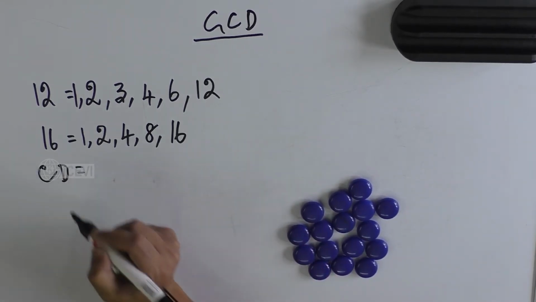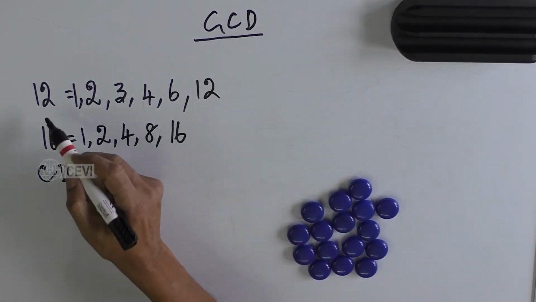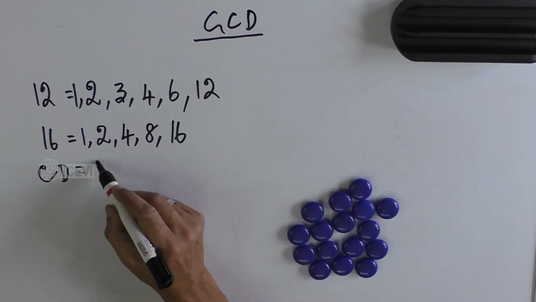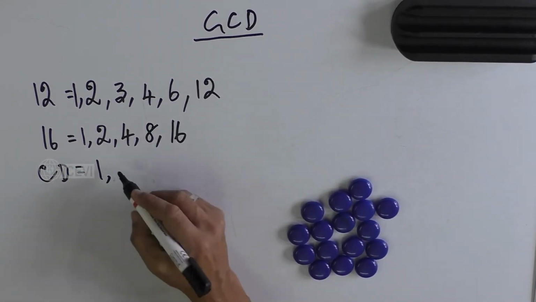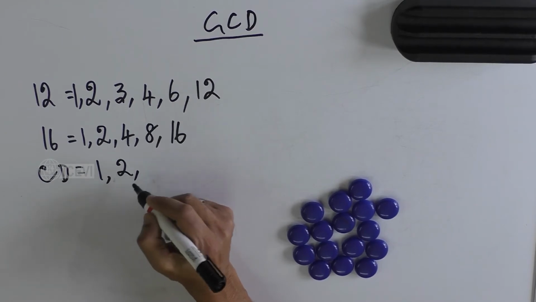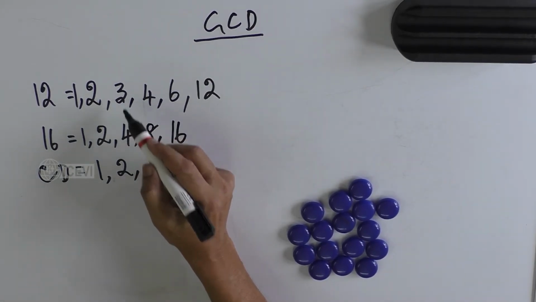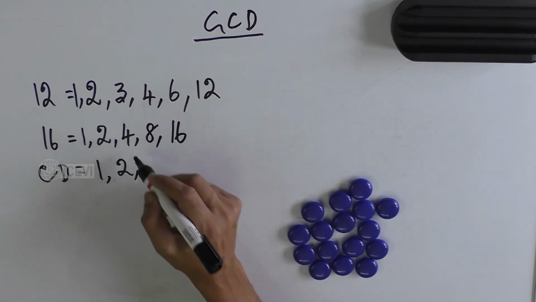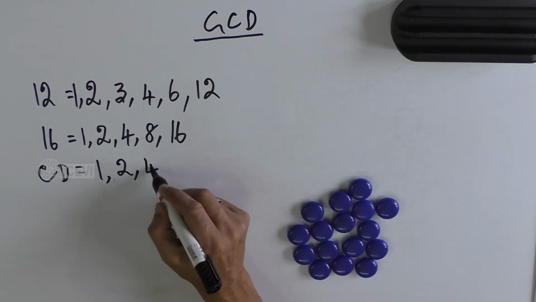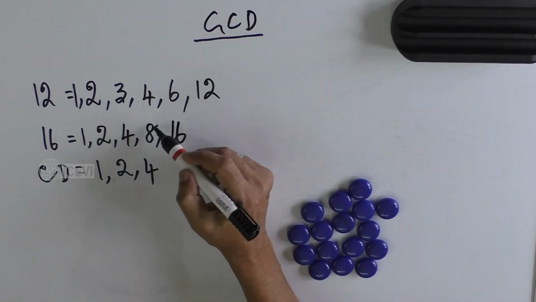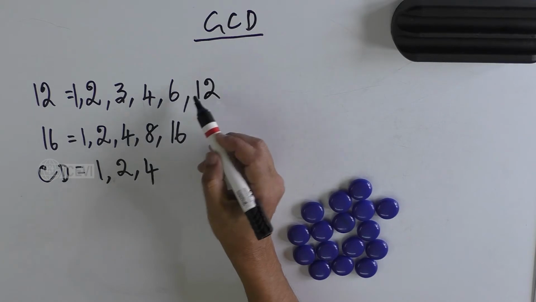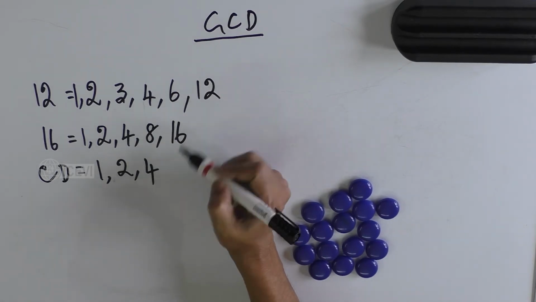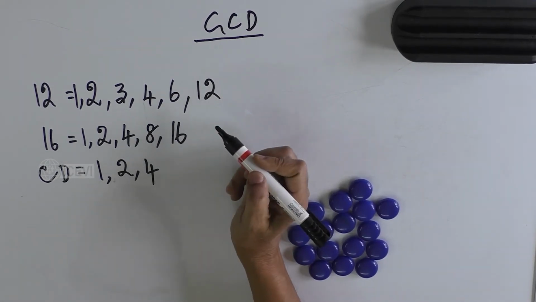Now the common divisors of number 12 and 16 are 1, 2, and then 3 you have to exclude because 3 is not common, 4. 6 is not common, 8 is not common, 12 is not common, and 16 is not common.